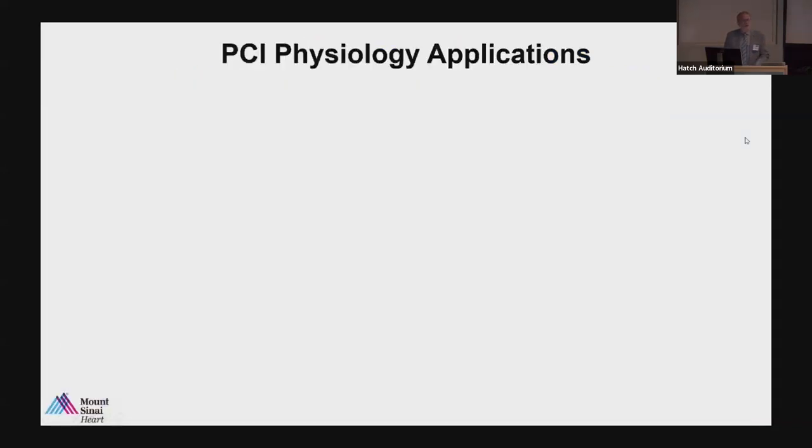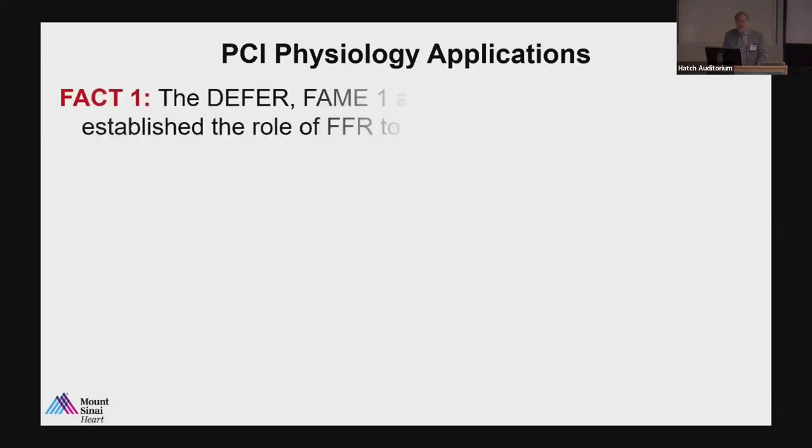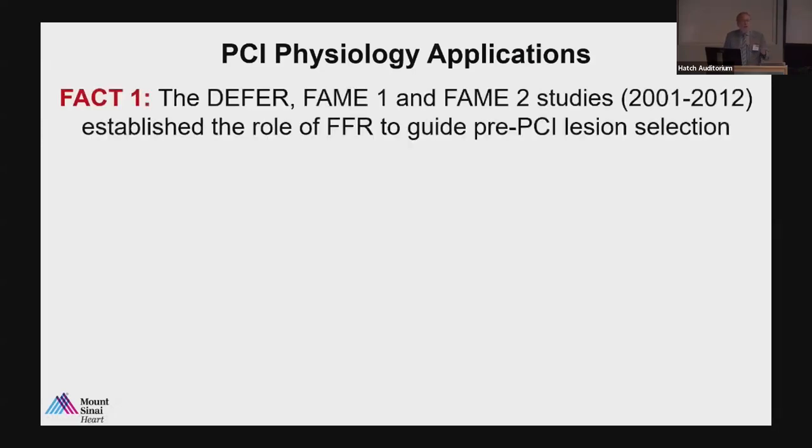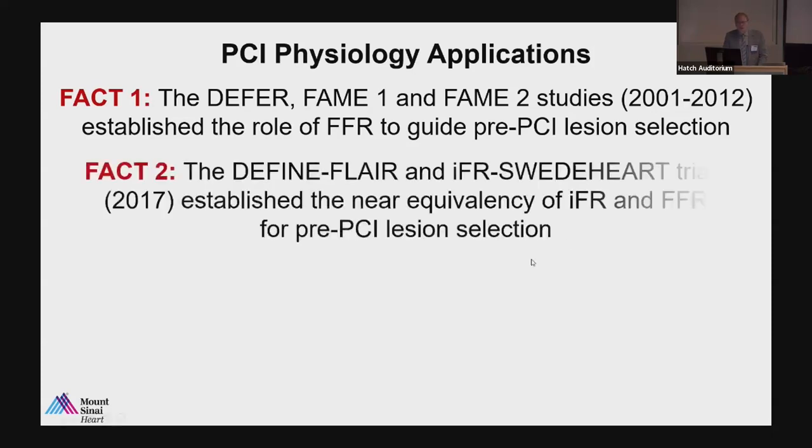So let's look at first these physiology applications in the cath lab. So the first fact, and you heard about these studies before, the DEFER, FAME 1 and FAME 2 studies, which were performed 1 to 2 decades ago, established the role of fractional flow reserve, that's intracoronary physiology, to guide PCI lesion selection. And then, to do FFR, we actually have to give adenosine. We have to create coronary hyperemia, which is costly, it takes time, it causes side effects in the patients.